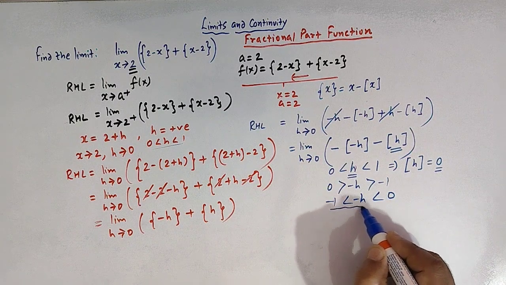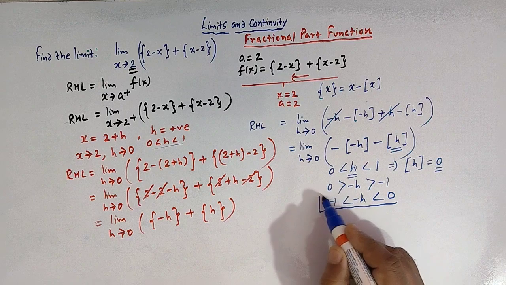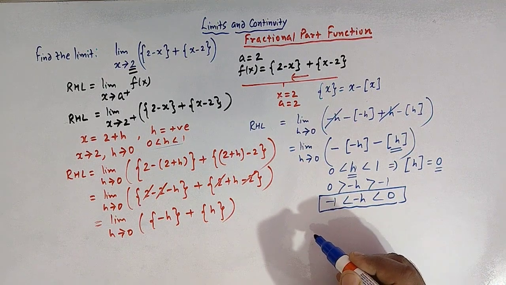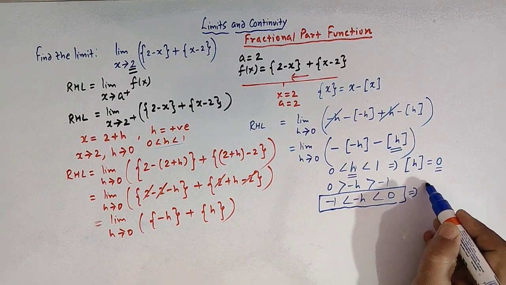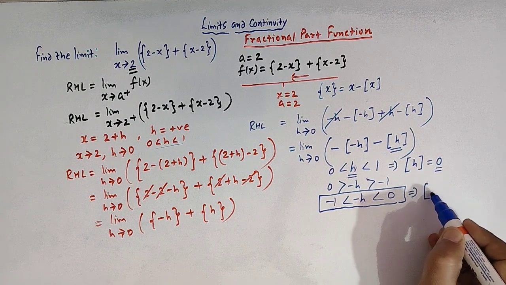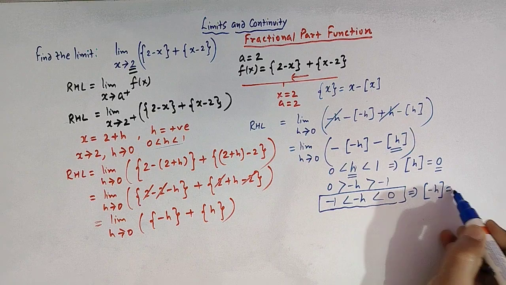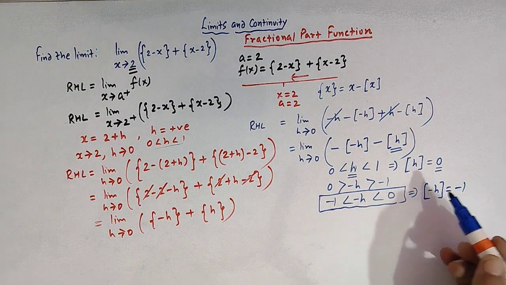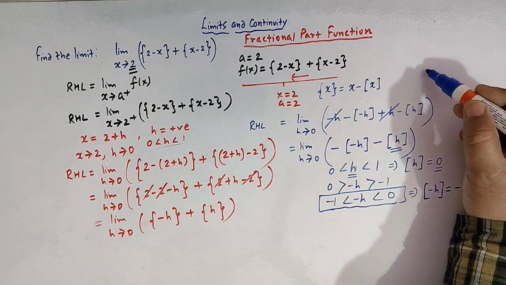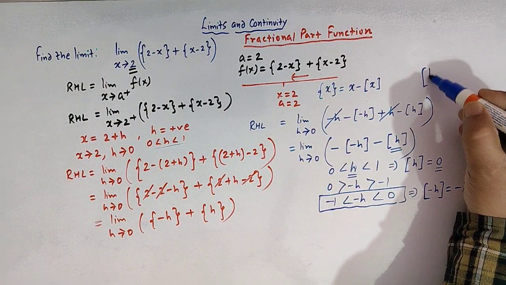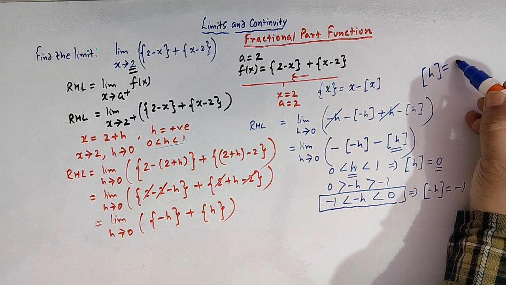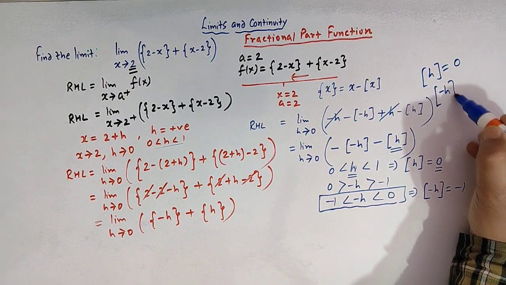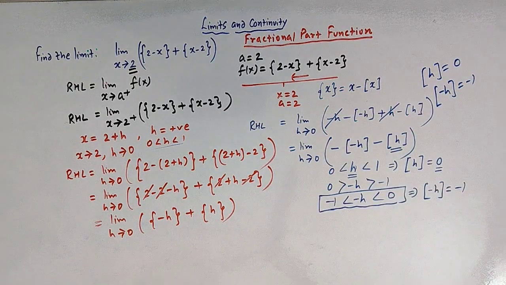So now this inequality shows that minus h lies between minus 1 and 0. So by the definition of greatest integer function, the value of greatest integer of minus h must be equal to minus 1, right? So we can take it as a formula that always the greatest integer of h is 0, and the greatest integer of minus h is equal to minus 1, right?